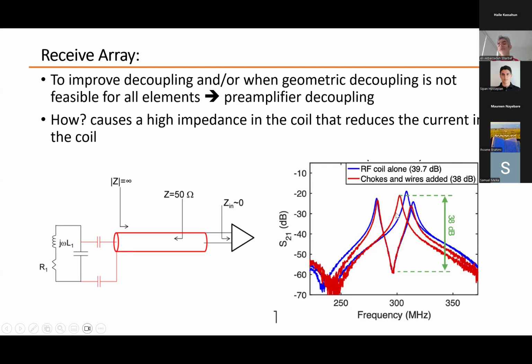Here is a diagram of a loop with and without preamp decoupling. Here, there is no decoupling, you see there is a peak, we have a good output, but when we apply the preamp decoupling, we see a drop in the signal, so we can't get anything out of it.